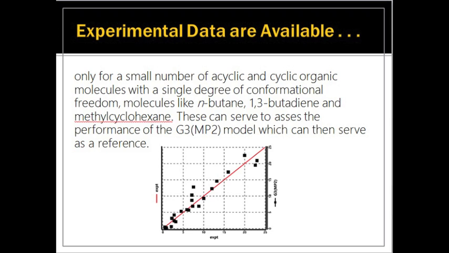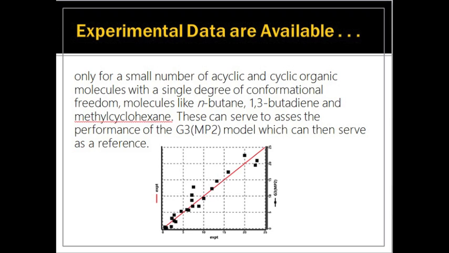We know for some very simple molecules with one conformational degree of freedom, things like butane, we know about energy differences experimentally. There are probably 50 molecules, maybe even fewer, where we actually know the difference between one conformer, trans-butane, and twisted butane, or butadiene trans versus, it's actually not cis, it's twisted.